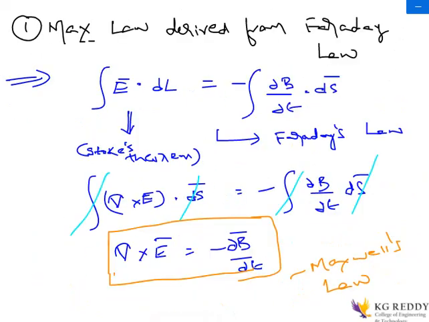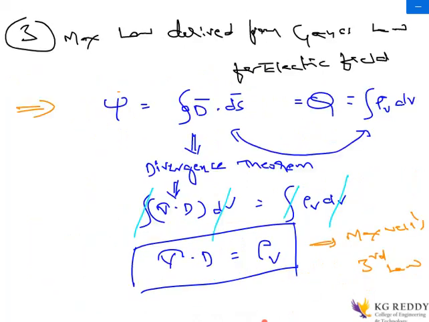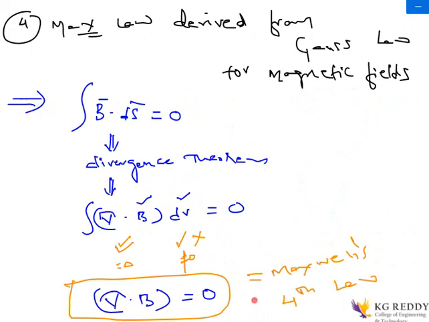These are the four Maxwell's laws: one derived from Faraday's law, one from Ampere's circuit law, the equation divergence of D is equal to rho v from Gauss law for the electric field, and finally the Maxwell's equation from Gauss law for magnetic fields, divergence of B is equal to 0. So try to see both the videos, then you can solve for the static fields as well as for the time varying fields. So thank you.